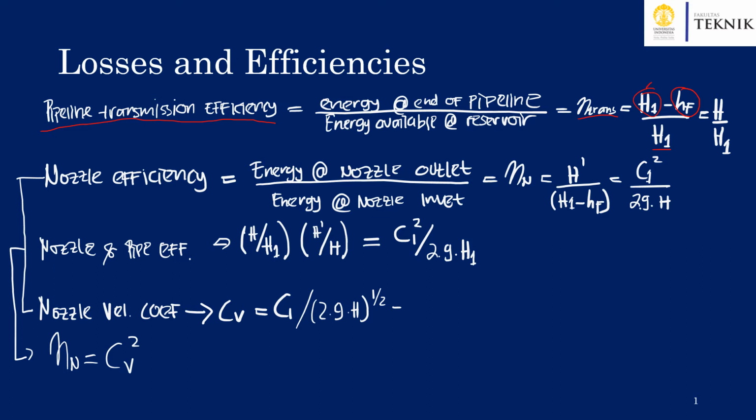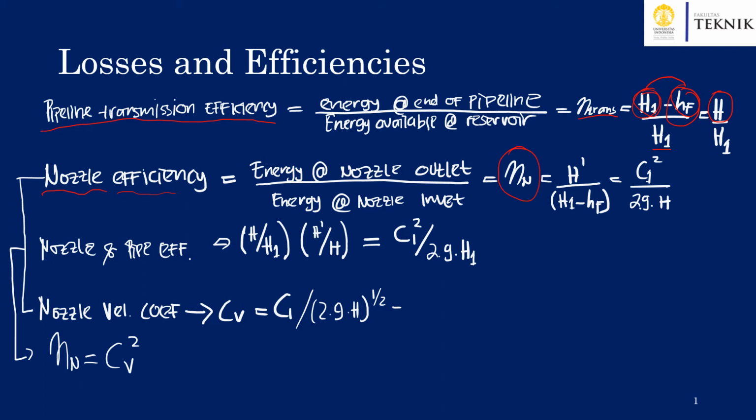Or we know that the energy available at the reservoir, H1, minus the losses, is equal to H. And as the fluid leaves the pipeline, it will enter the nozzle, and the interaction between the fluid and the nozzle will lead us into the nozzle efficiency.